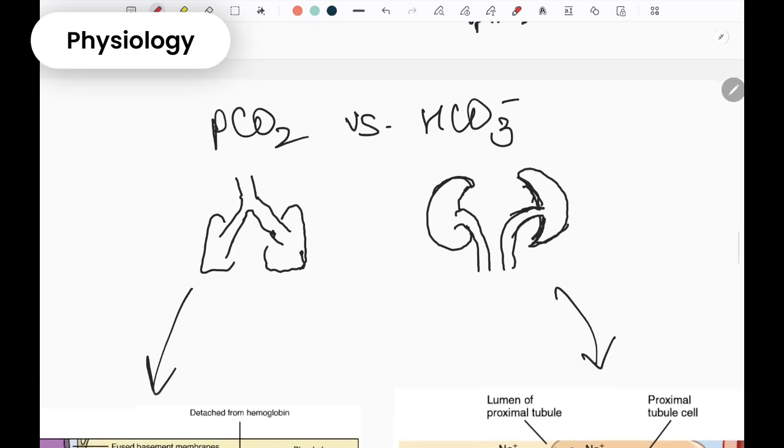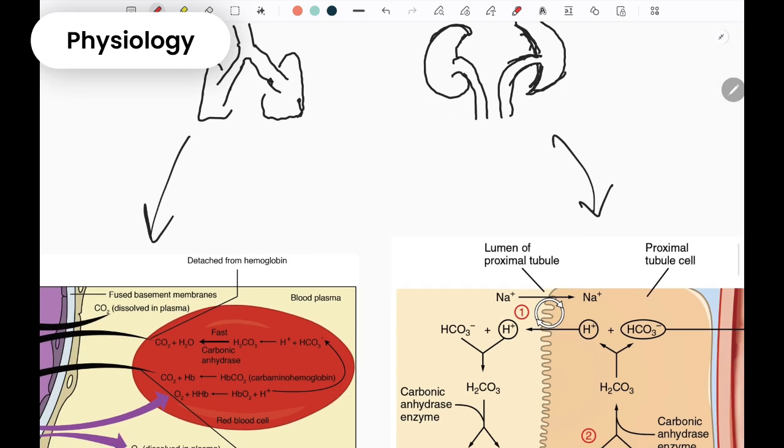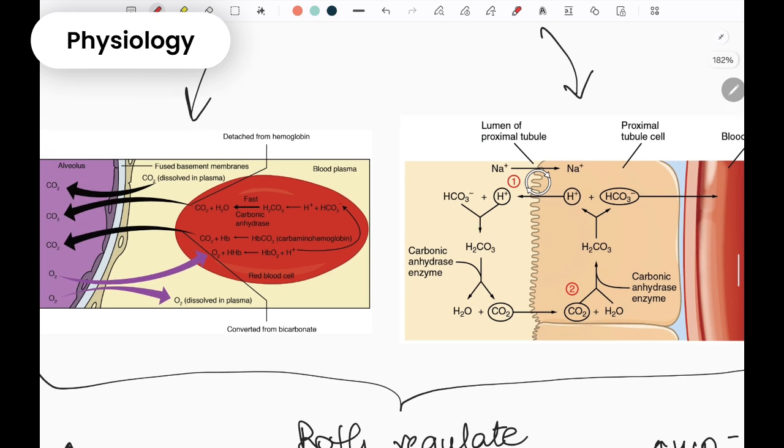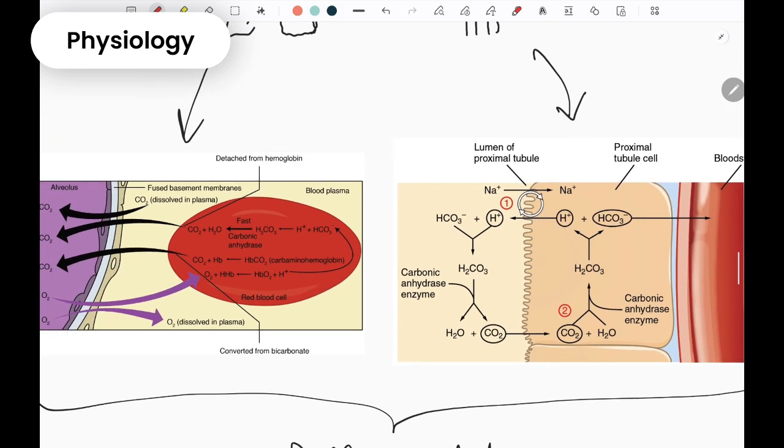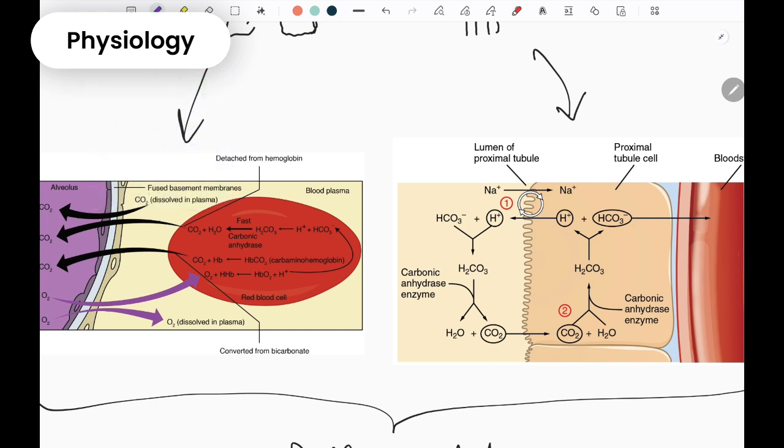Both organs regulate these molecules, and these molecules are connected using the drawings that are seen on screen. Obviously, there is a lot on here, but I will try to exemplify it by simply narrowing down to one equation that needs to be remembered. And simply put, it is this.